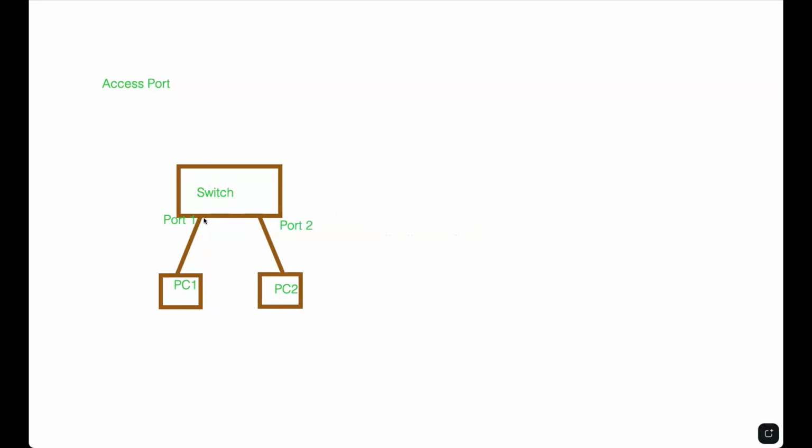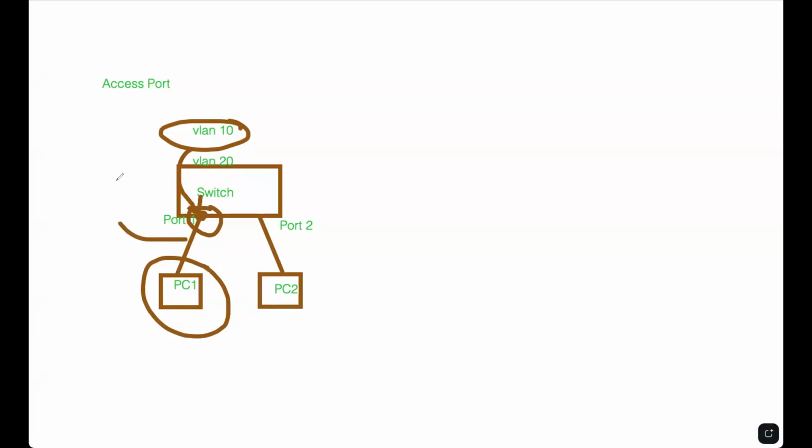On the switch, I will create VLAN 10 and VLAN 20. When I attach a specific VLAN to a specific port, this port is called an access port. By endpoint, I mean the end user machine, which can be a PC, printer, server, whatever it can be. Attaching the end user machine to the port where I can attach a single VLAN is called an access port.